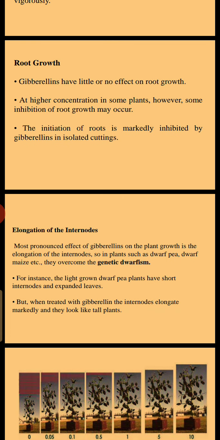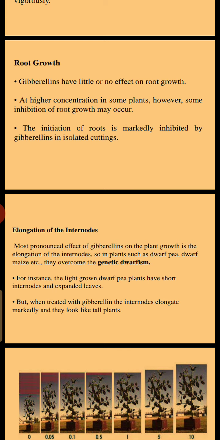Some plants are genetically dwarf, and dwarfism in many crop cases is good for them, but in some cases, for example sugarcane, when the internode is longer, it means the cane juice will be more, and the sucrose percentage might be more. So in some cases it is very good to enhance the elongation of the internode. For that purpose you can use gibberellic acid.